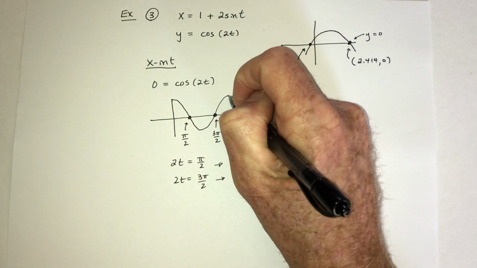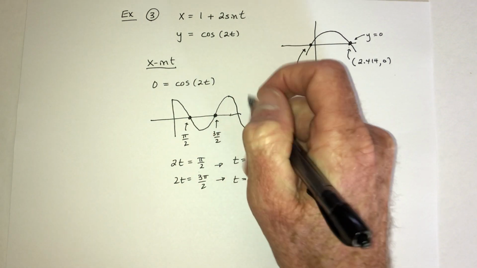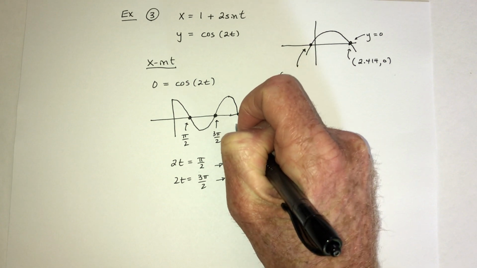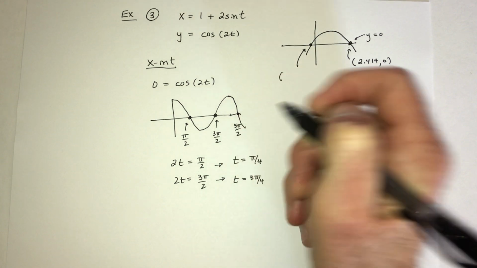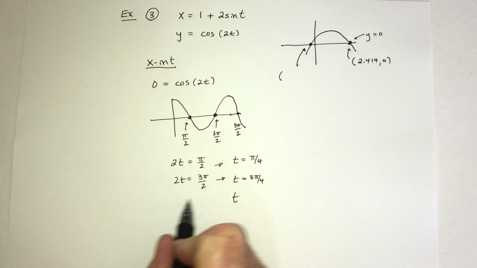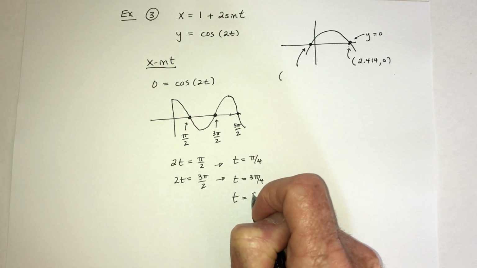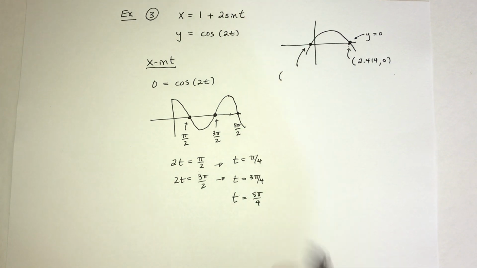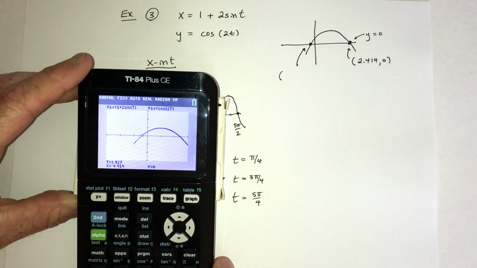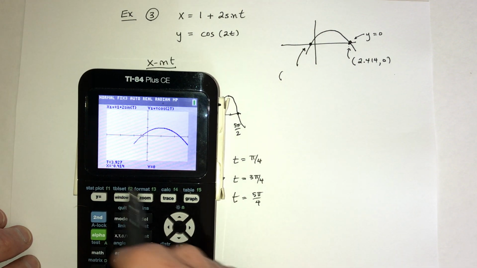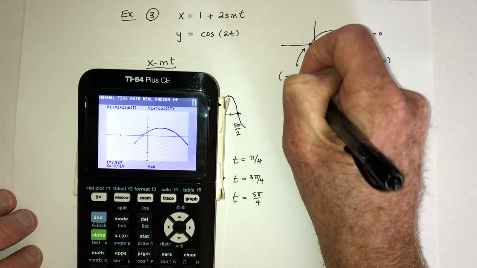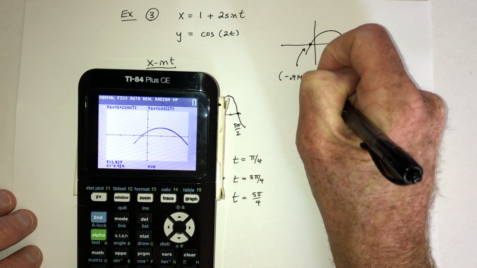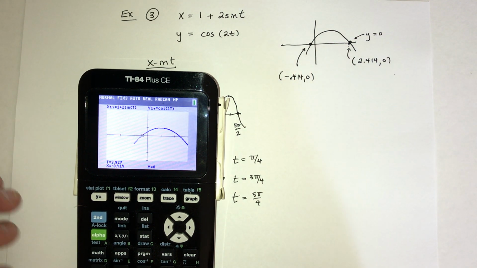So I would have needed to continue this graph out, and there would be another answer right here at 5 pi divided by 2, and then you put that over here, and once you divide, that would be 5 pi over 4. Okay, then that point is x equals -0.414, comma 0. There's the x-intercepts.